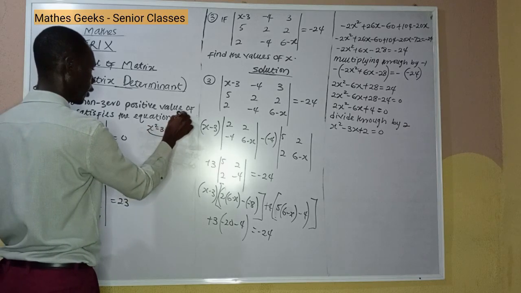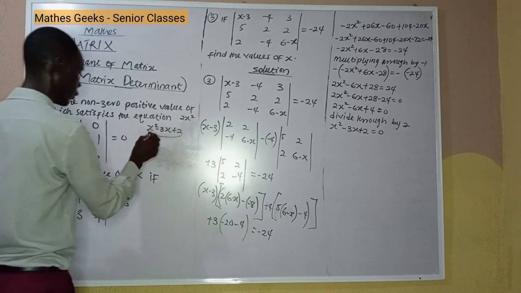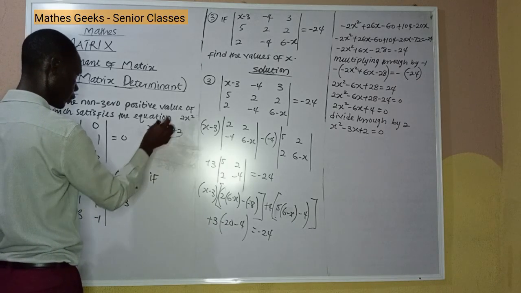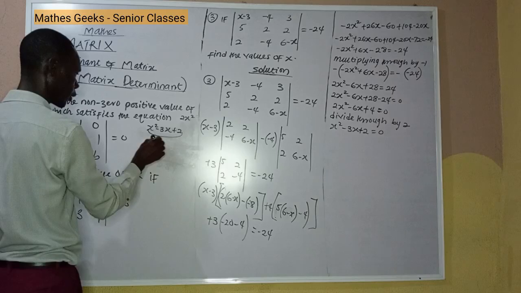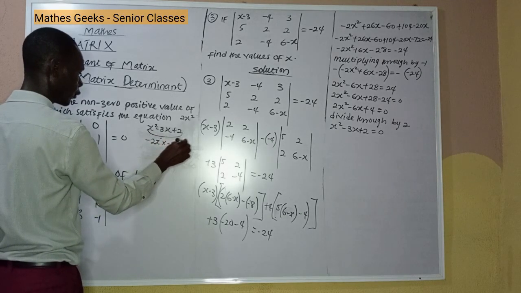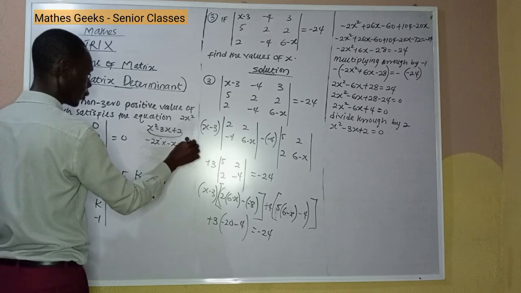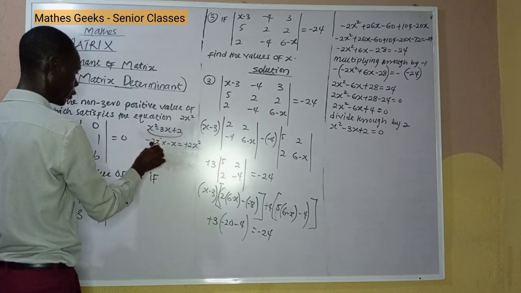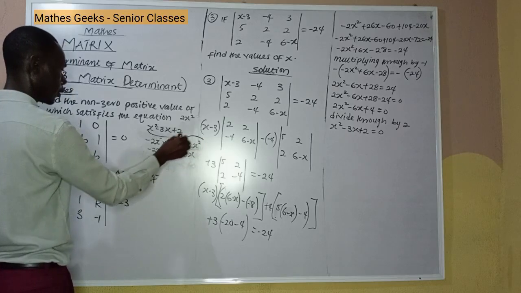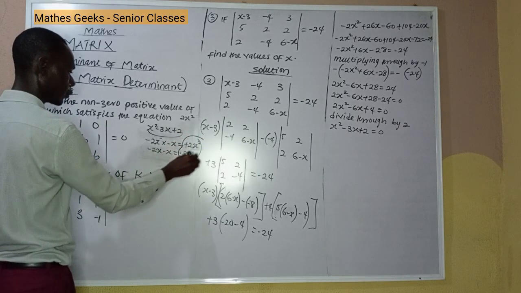So when you multiply, you're going to have 2x squared. So if we go by minus 2x and minus x, minus 2x times minus x will give you plus 2x squared, and minus 2x minus x equals minus 3x. So this satisfies what we have here.